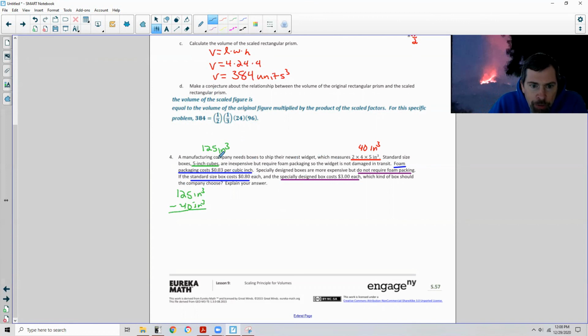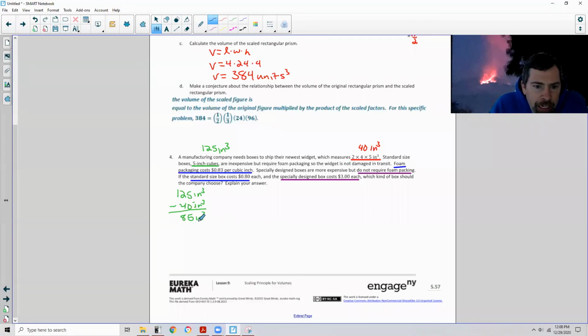I'm taking a box that's 125 cubic inches, subtracting the space a widget takes up, and that will leave me with a 5 here, and 12 minus 4 is 8. So 85 cubic inches are left over, and we need to fill that with the foam, which is 3 cents per cubic inch.